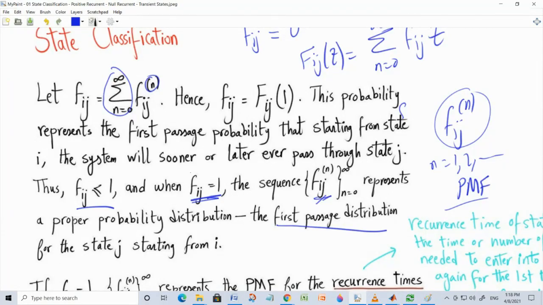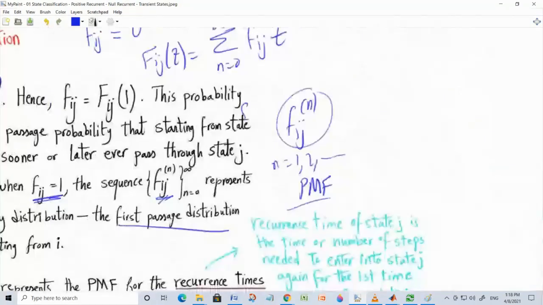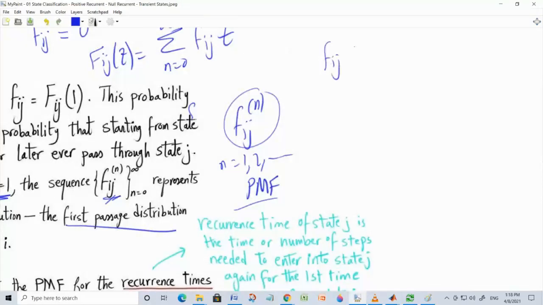Okay, now Fij may be less than 1. So actually, let's write this. Fij may be less than 1, and if it is less than 1, what is the meaning that the summation of Fij of n, where n is a natural number, is strictly less than 1?